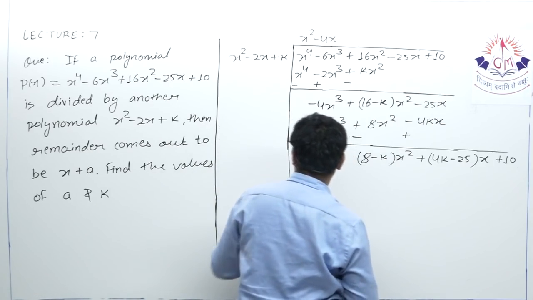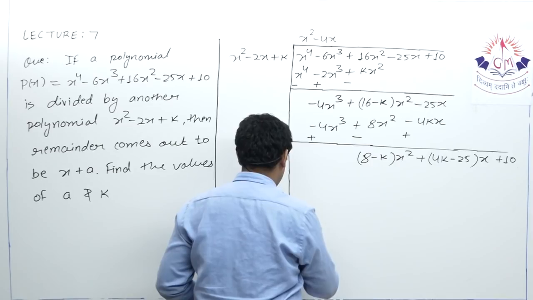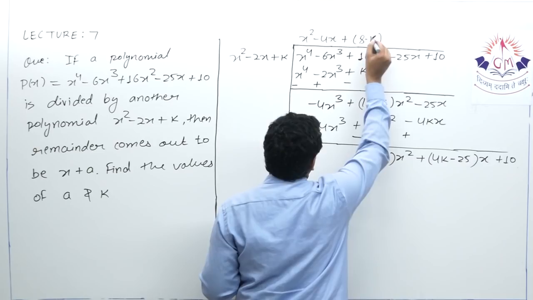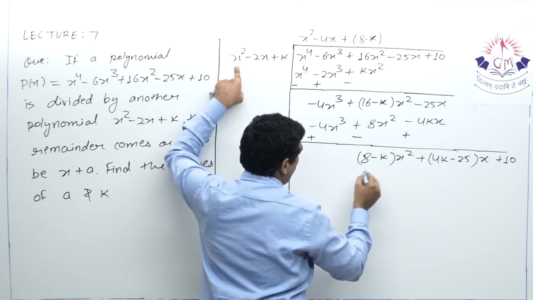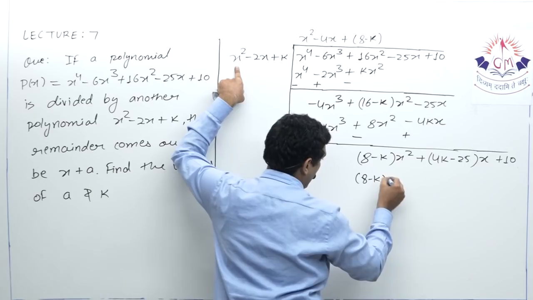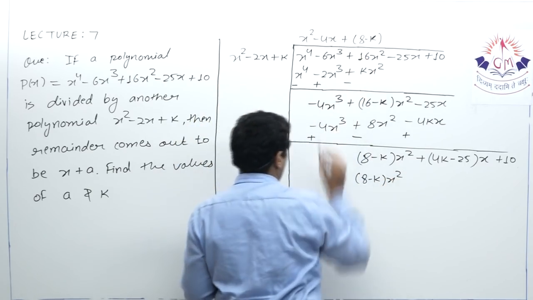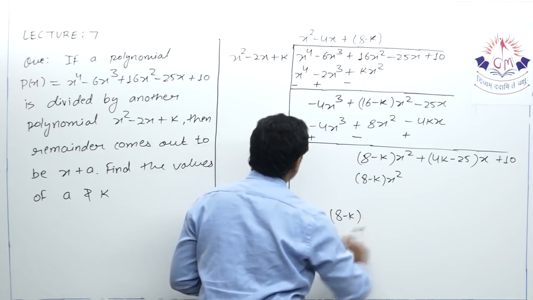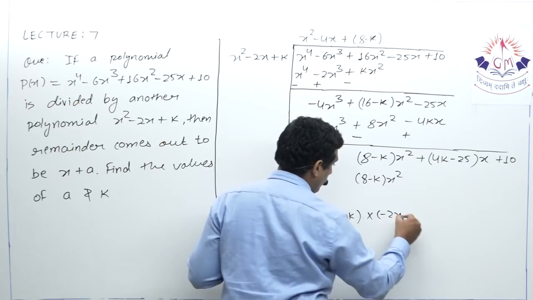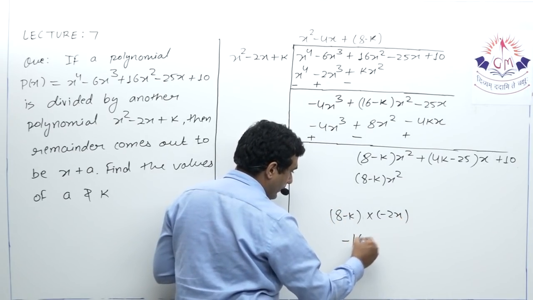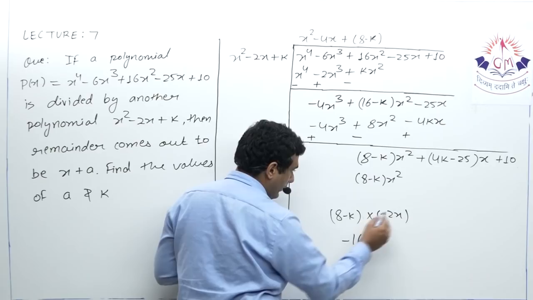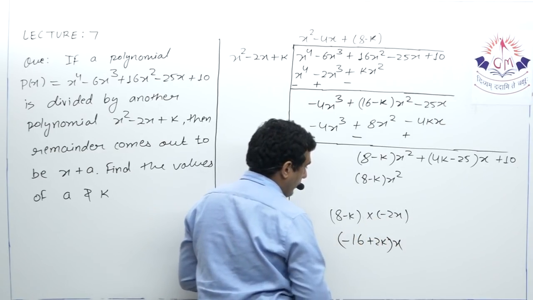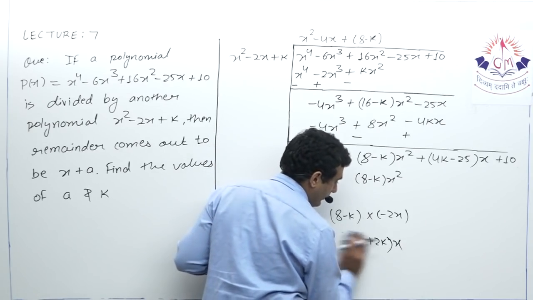Now the next term of the quotient is 8 minus k. So 8 minus k x square. Now 8 minus k multiplied by minus 2x gives you minus 16 plus 2k, that means 2k minus 16 x.